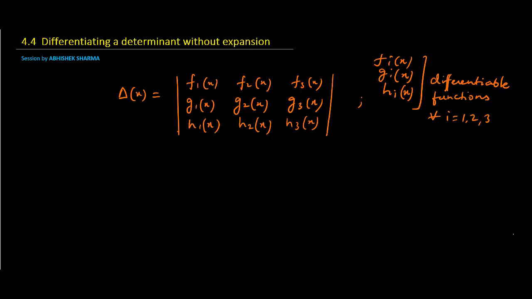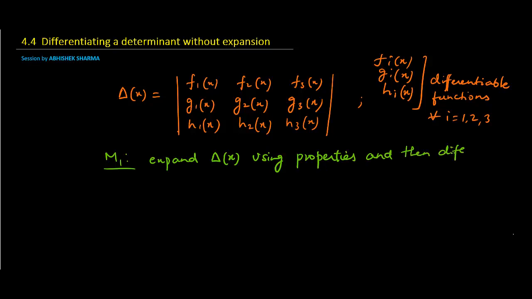We assume this. So now there are two ways of differentiating this determinant. The one approach is method 1, where you expand delta x using properties and then differentiate.